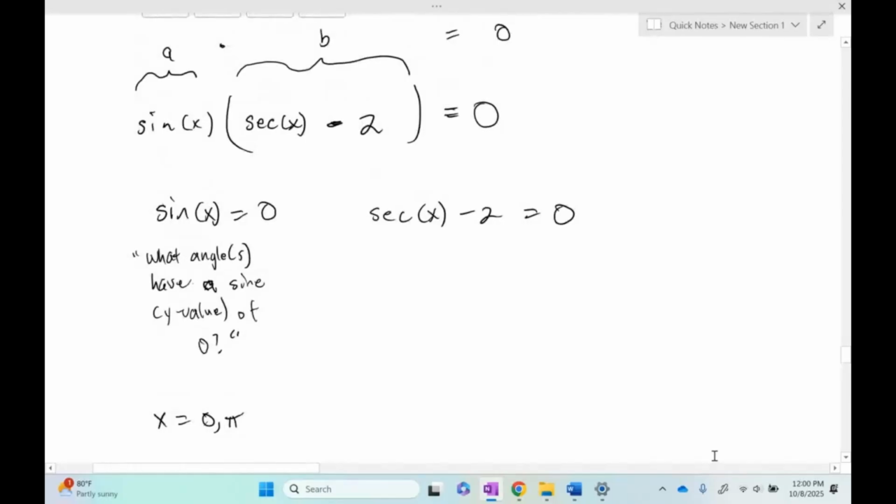Now the second one is linear, but the secant function is not on the side of the equation by itself. It's not isolated. But we can isolate it by moving -2 to the opposite side. So we can actually transpose -2. So once we transpose it, it becomes the secant of x is equal to +2.